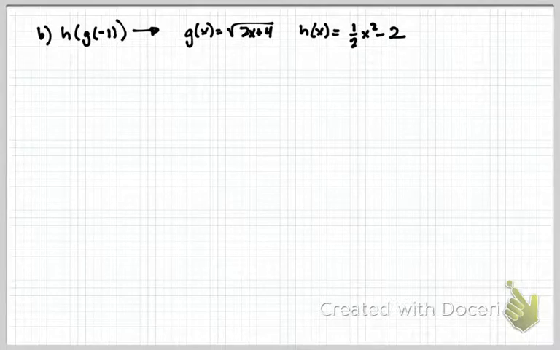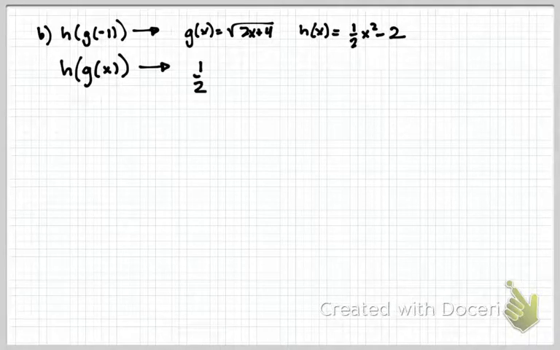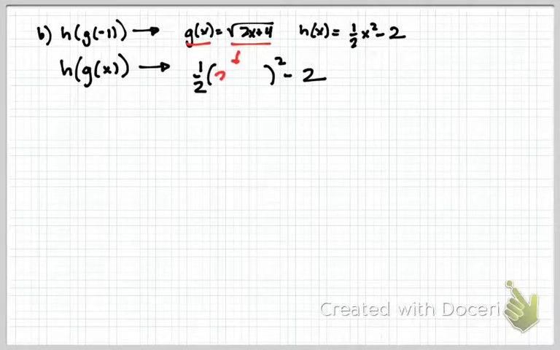So there's another way you can approach this. We could approach it just by doing this and then evaluate it at the end. So we could do h of g of x, which if we compose this, we'd have 1/2 parentheses squared minus 2, and then the g is going to drop inside: square root of 2x plus 4 will go inside.